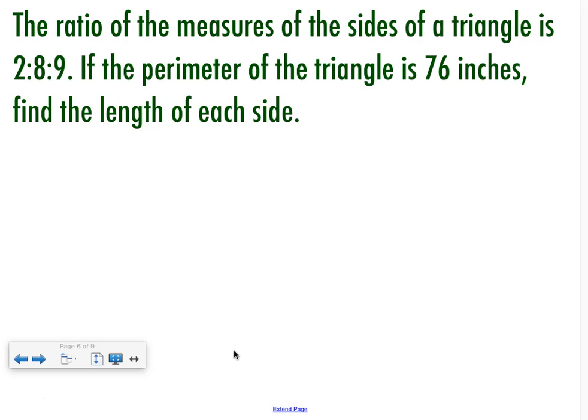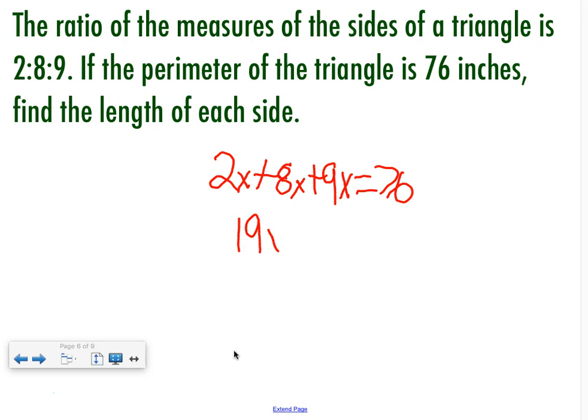Anyone want to go on the board? Everyone get x equals 4?